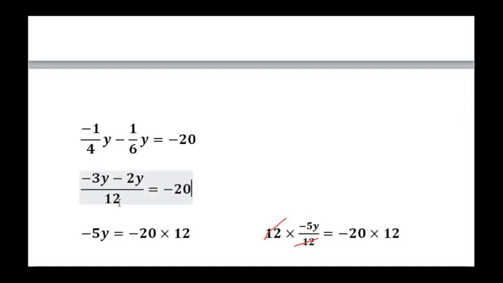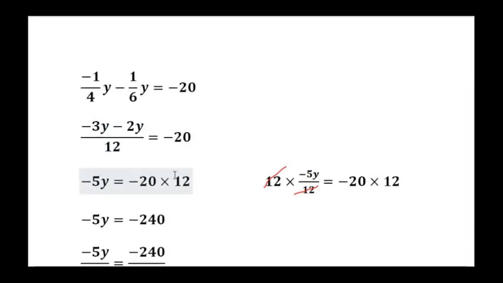Next, I'll divide the LCM 12 by the first denominator 4, which gives us 3. I'll multiply 3 by the first numerator, negative 1y, which gives us -3y. Again, I will divide LCM 12 by the second denominator 6, which gives us 2. And I multiply this 2 by negative 1y, which gives us -2y = -20.